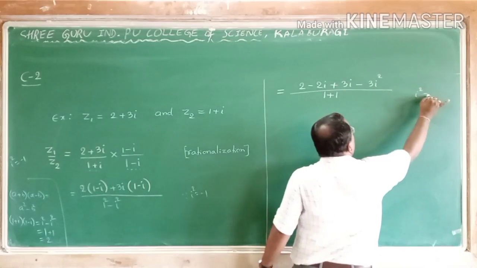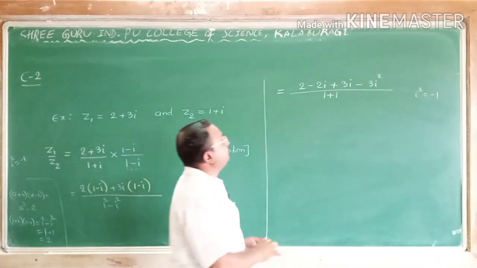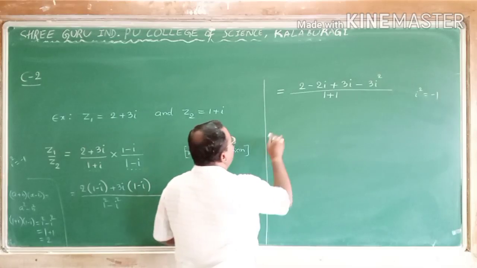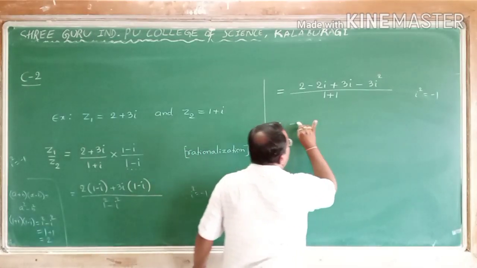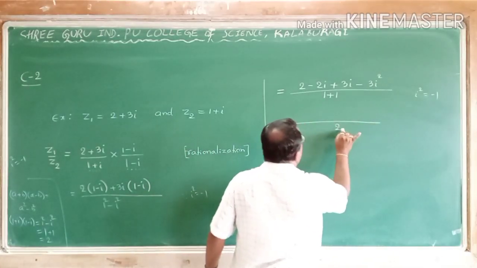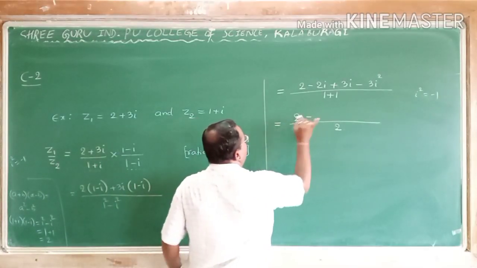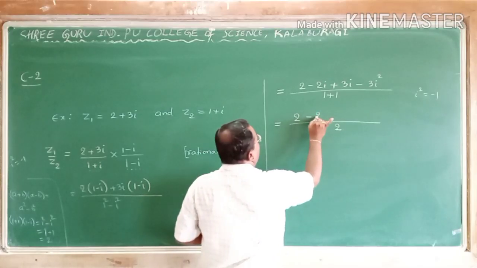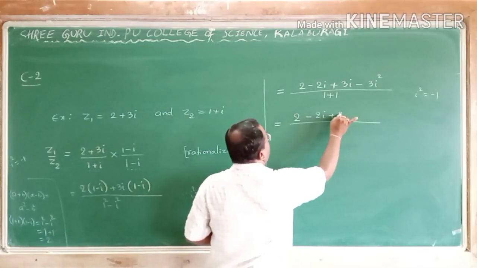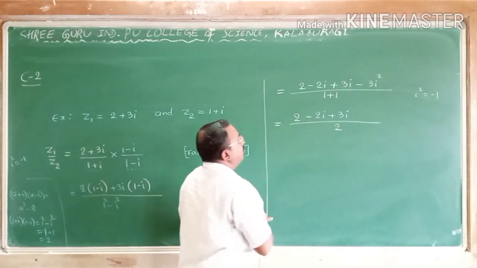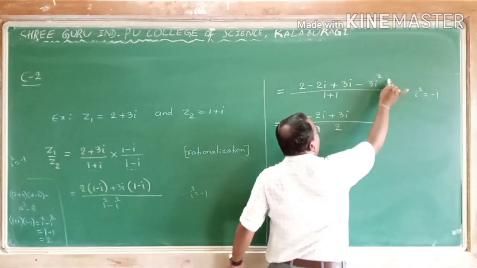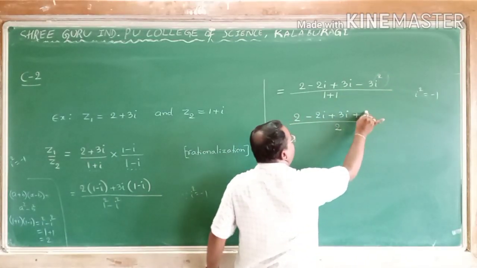The i square value is minus 1. So the denominator is 2, as it is, and numerator minus 2i plus 3i; the i square value is minus 1, minus minus plus.